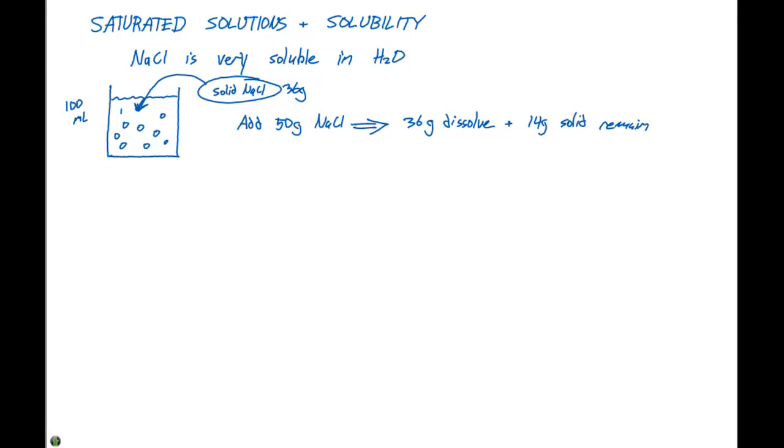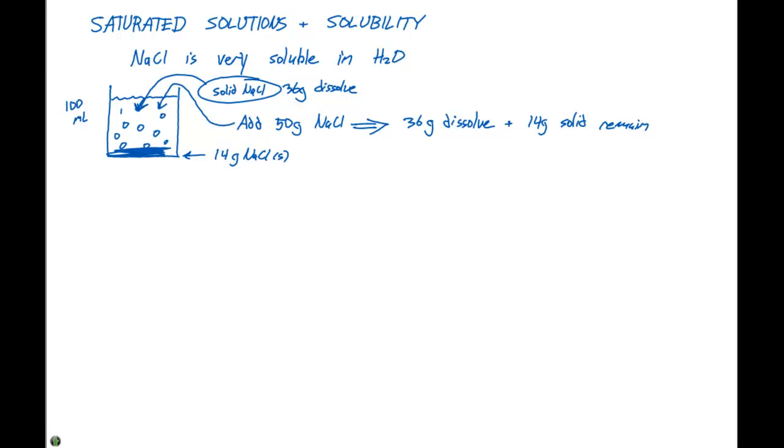So instead of 36 grams here, we're going to add 50 grams of NaCl into this container. We're going to get 36 grams dissolving, and there's going to be solid down here at the bottom, and we're going to have 14 grams of NaCl exist as solid.